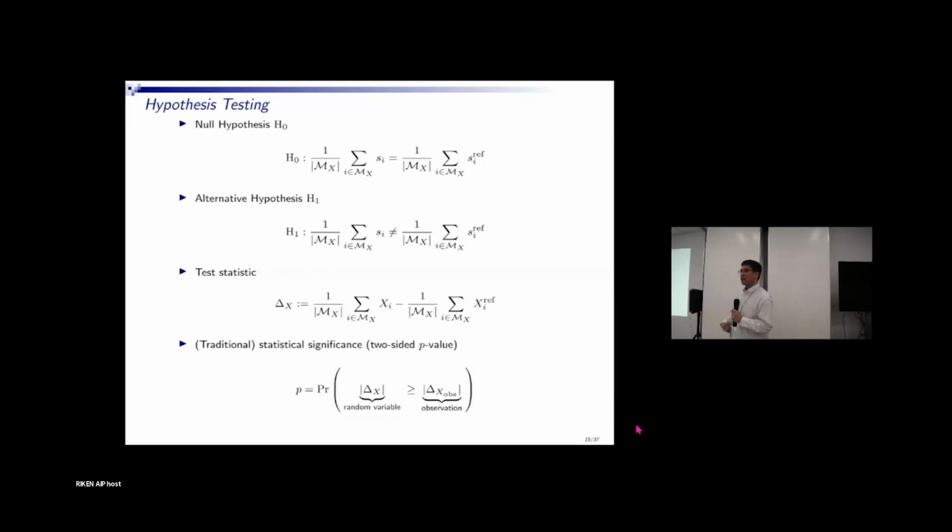Our reasonable test statistic would be just the difference between the average pixel intensity in the test image and the reference image. In this formulation, we can compute the p-value by looking at the probability that this difference is greater than the observation. So this is a simple two-sample testing formulation.